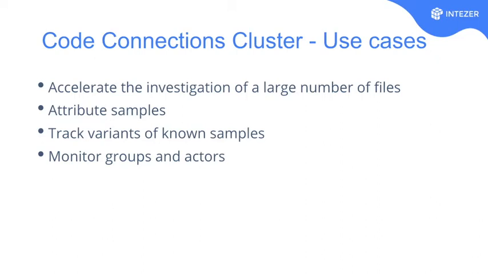It requires further digging, of course, but it's a great lead. Now, track variants of known samples, and also monitor groups and actors. This is something that I'll show you right away with the example of the code connections cluster.